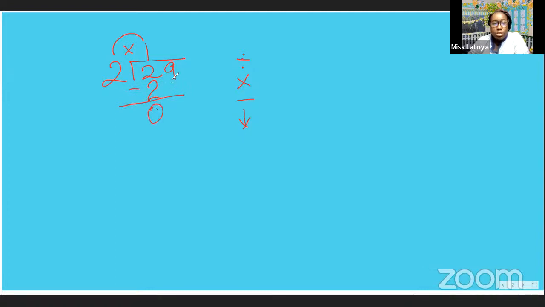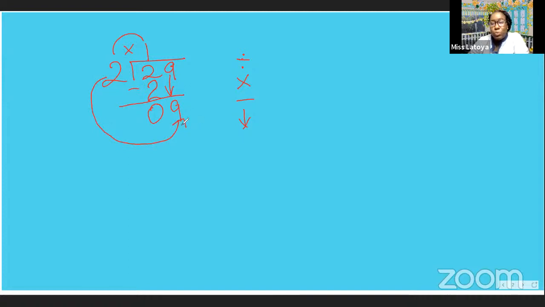The next step is to bring down. What am I bringing down? I am bringing down the 9. Now we are going to repeat the process all over again. I am going to divide. I'm going to say 2 into 9.